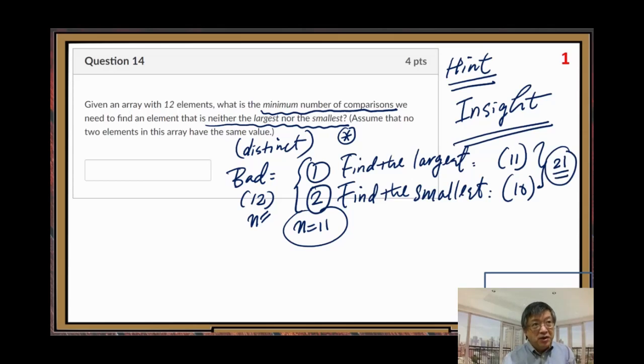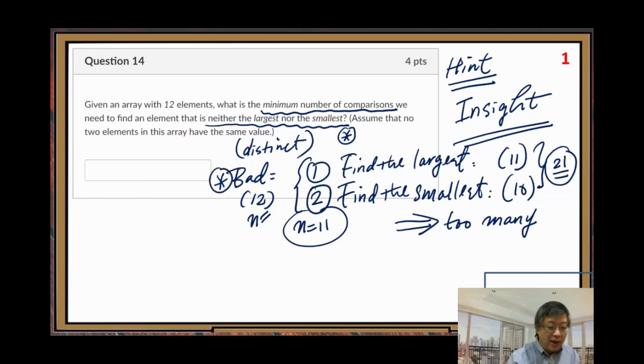Is this the best you can do? Too many. Too many comparisons. So if you use this way, the conclusion is you use too many comparisons. Not a good solution. That's why I call this a very bad solution.